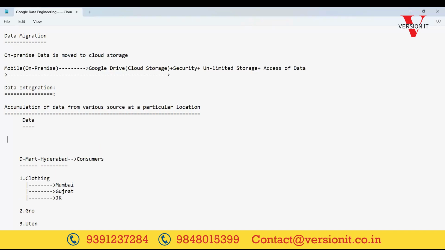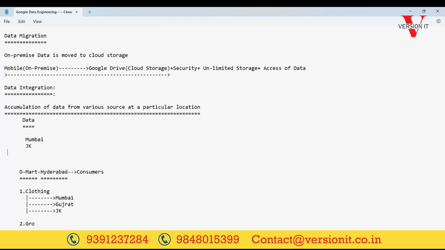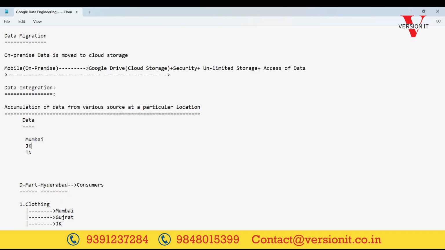You can say some data is available in Mumbai, some data is available in Jammu and Kashmir, and some data is available in Tamil Nadu. Now the user is in Hyderabad. He wants the data to be made available in Hyderabad. Am I right or not? So what we are doing is gathering the data from various locations and keeping it under one head, and that head is being operated at Hyderabad. Am I right?